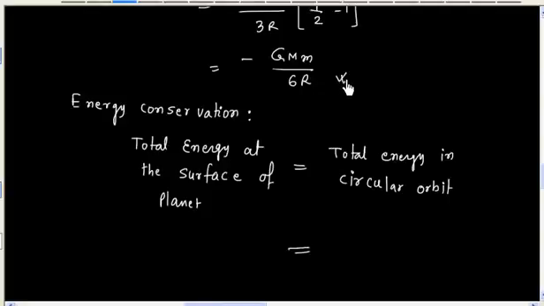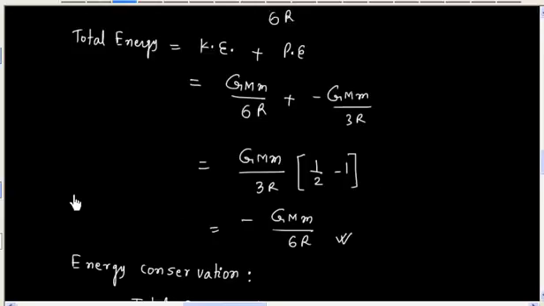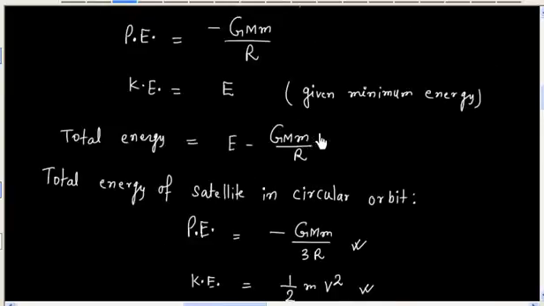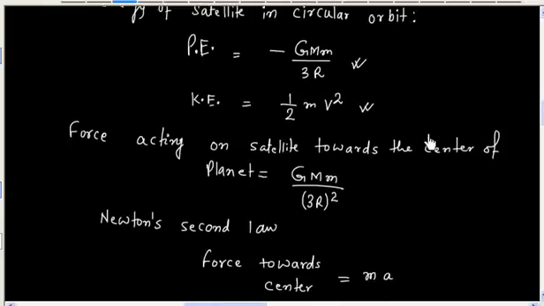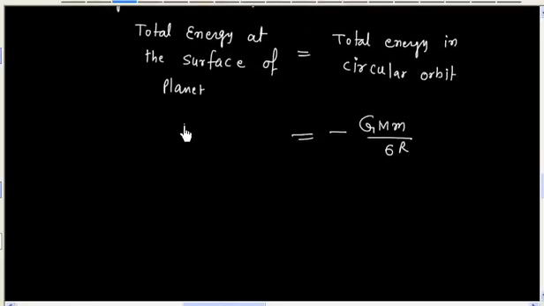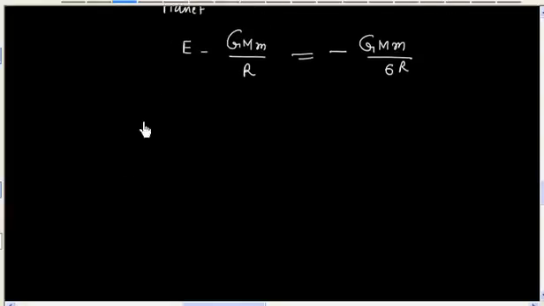In circular orbit, this is the total energy. At the surface of planet, total energy is E minus GMm by r. So from here we can calculate value of E.